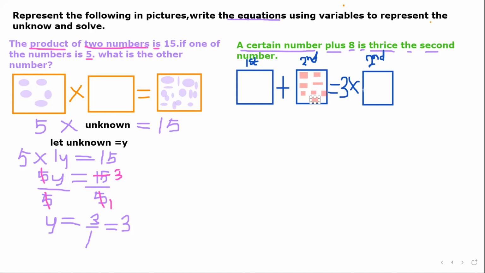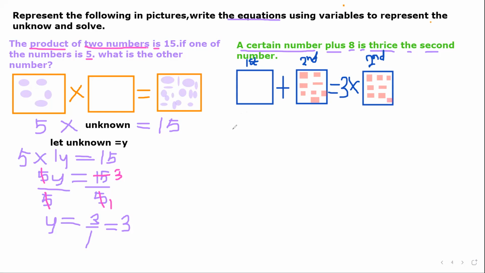And you say 3 times the what? The second number. The second number is already 8, so here will be 3 times 8. So 1, 2, 3, 4, 5, 6, 7, 8. Okay.